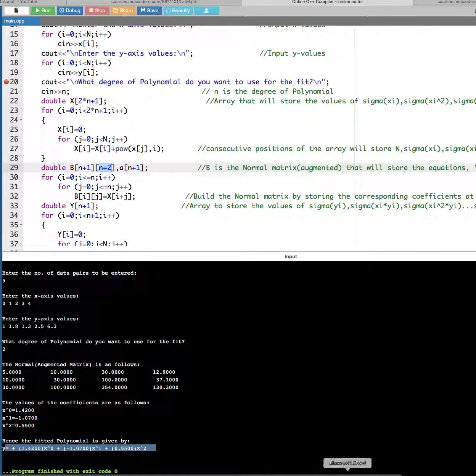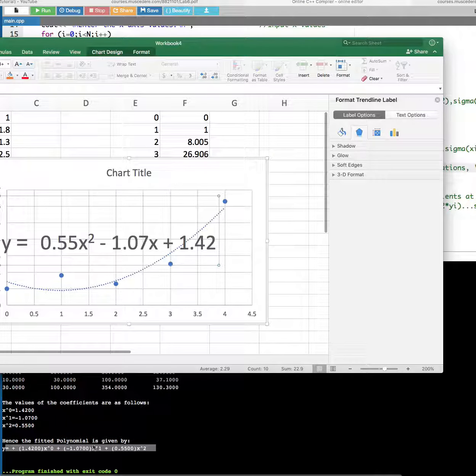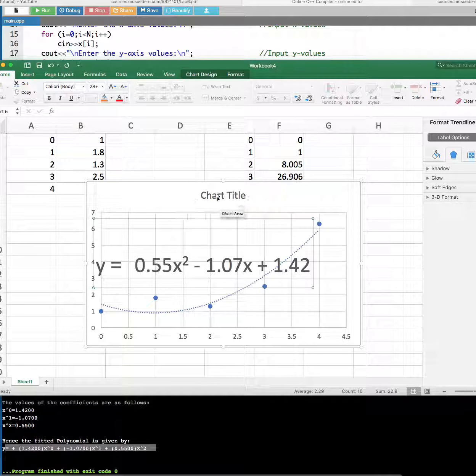Here we have 0.55 x squared, negative 1.07 x, and 1.42, and x power 0 is basically 1, so that's why we have just 1.42. And this is correct.